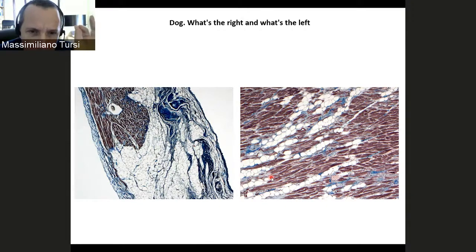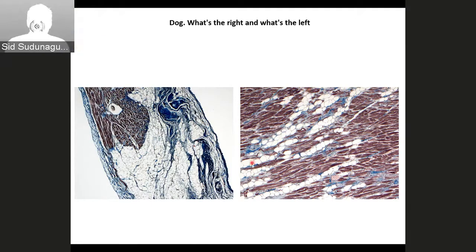In both pictures we are looking at the ventricular wall. Of course, here we see better the situation transmurally from endo to epicardium.